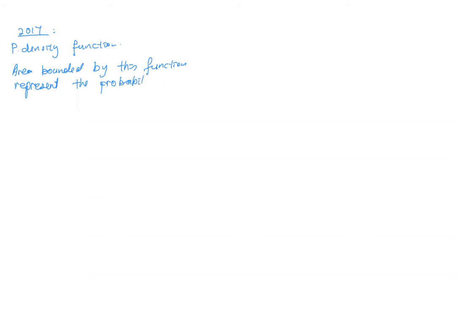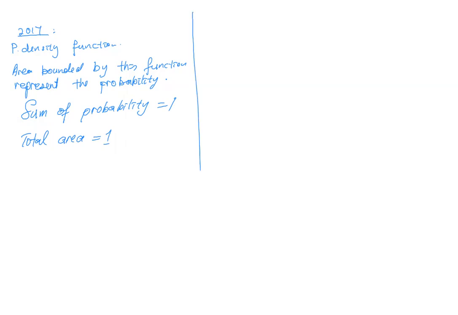So the sum of probability equals what? 1. So that's it. The total area must be 1. Are you clear? Yes, miss. There's no formula to use. So this is about their understanding. That's why I said go back to the basics.